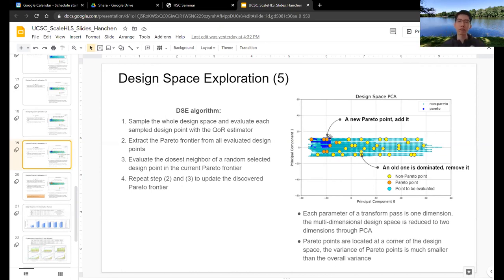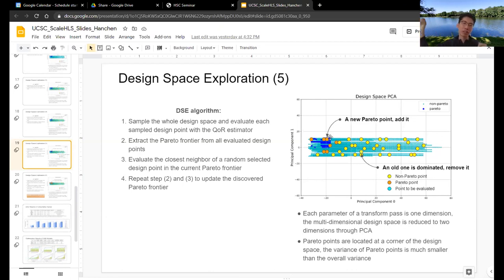So intuitively, if you think about it, for example, you find a very good loop transformation for this kernel, and then a pipeline initial interval of 2 or 3 or 4 or 5 or 6 has a high possibility of also being Pareto, dominating other points, because the loop transformation is good.